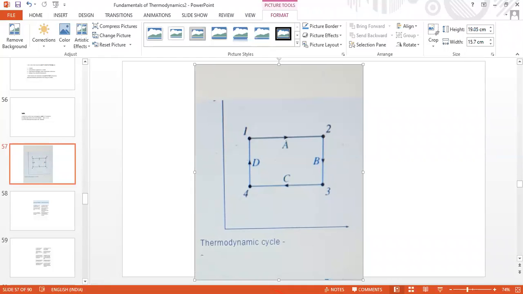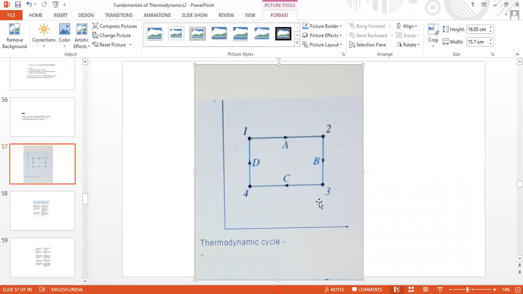So in the same way, in integral PdV, if volume remains constant, see this 2 to 3, on this volume axis, x-axis. Anywhere on 2 to 3, the volume remains constant, right? Because it is perpendicular to the volume axis. Since this is perpendicular to the volume axis, anywhere on 2 to 3, the volume remains the same.